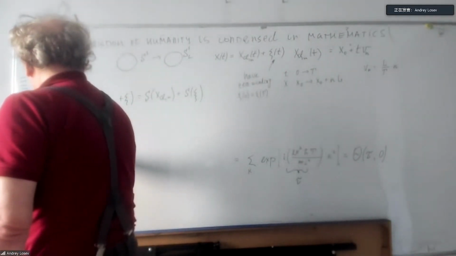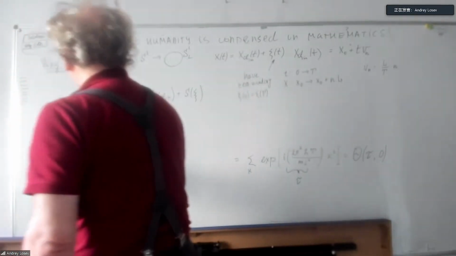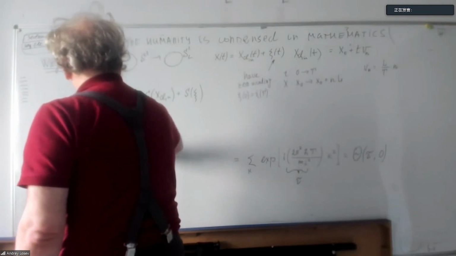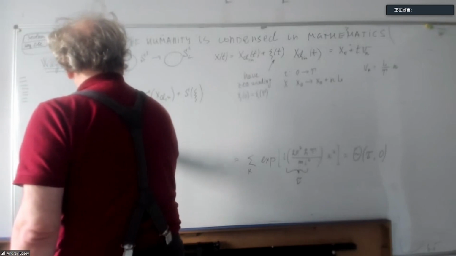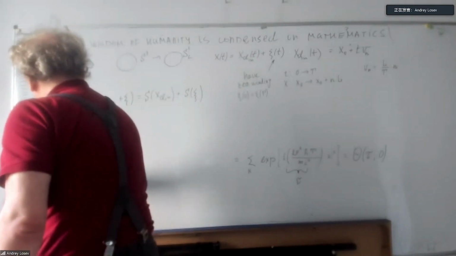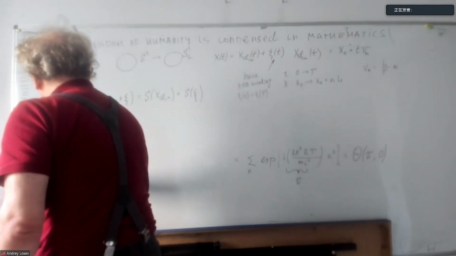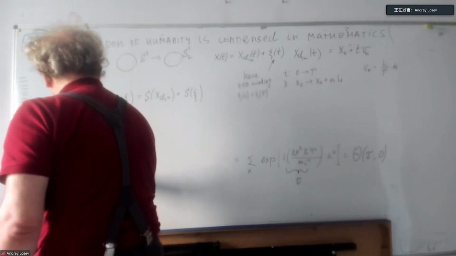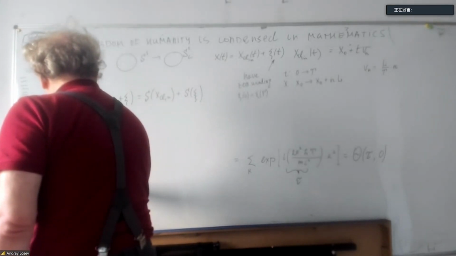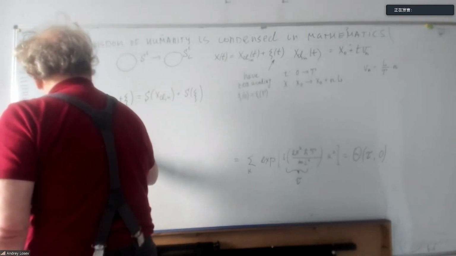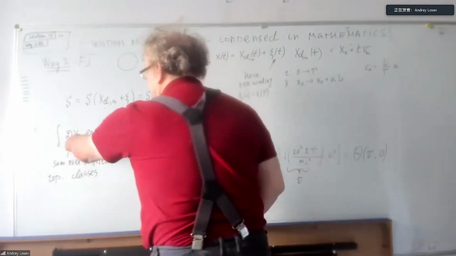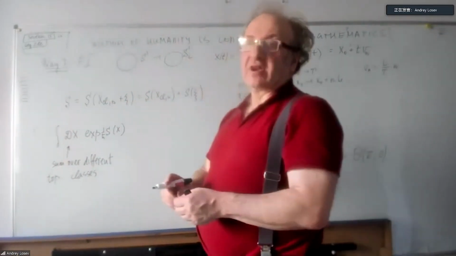Now, integral over trajectories. And here, what is interesting, I have a sum over different topological classes. You see, the space of maps is not connected.